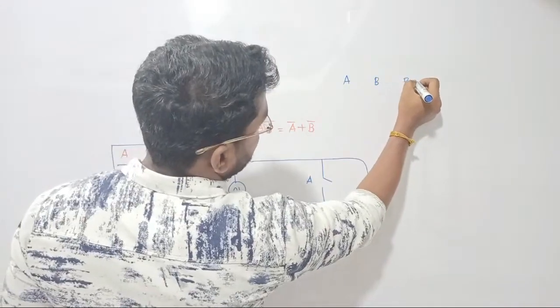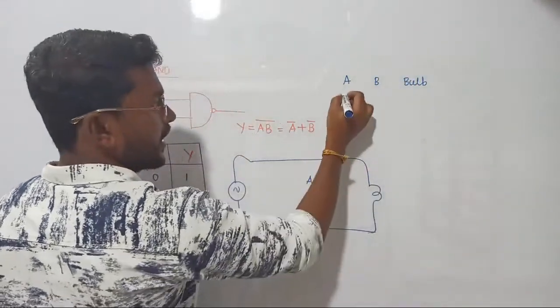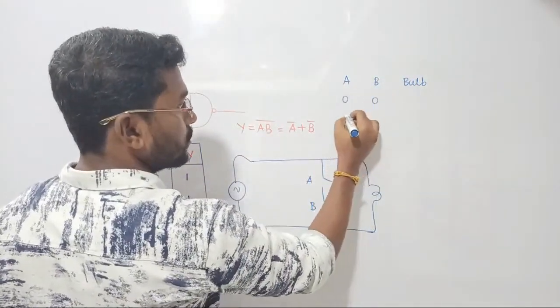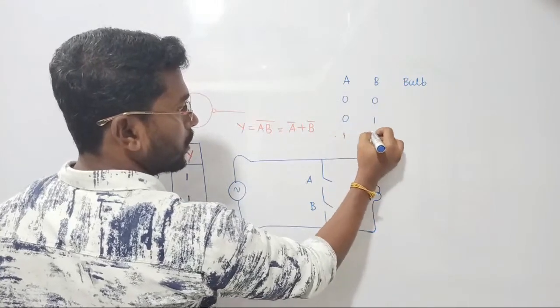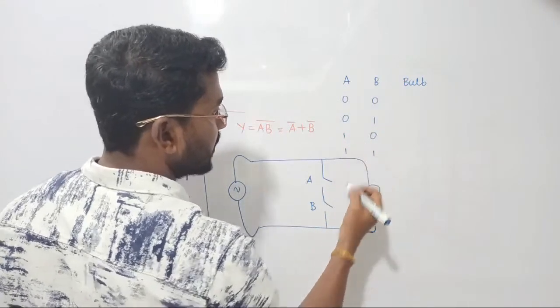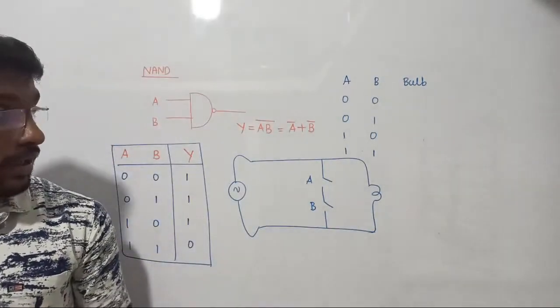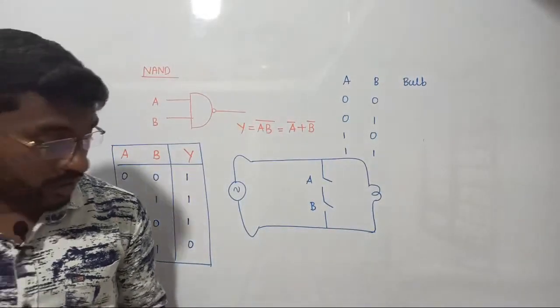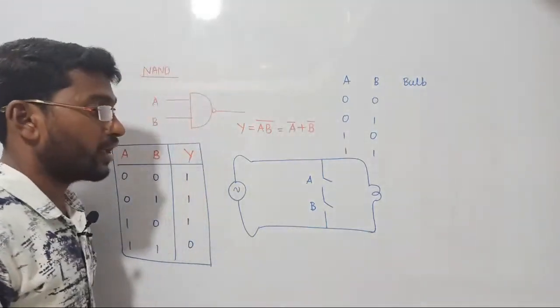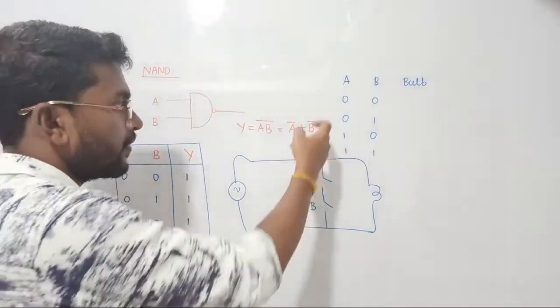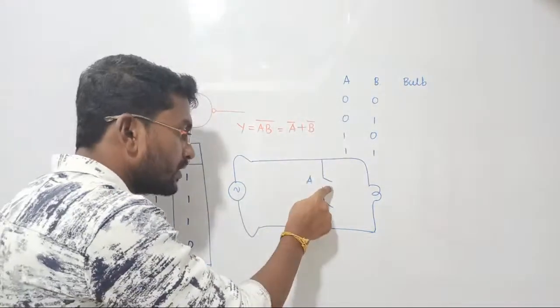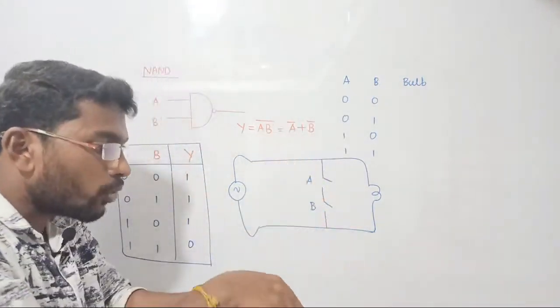Output is our bulb. Once again, there are four possibilities: 0 0, 0 1, 1 0, 1 1. What is the output for this possibility? Whenever we give 0 0, both of these switches are going to be open circuit.